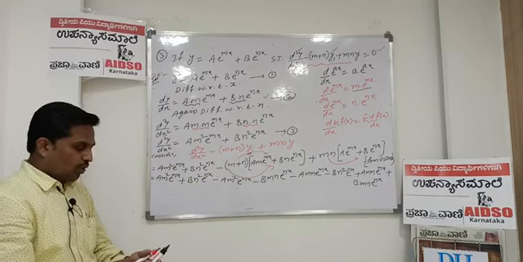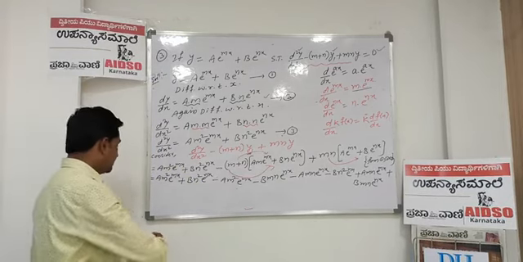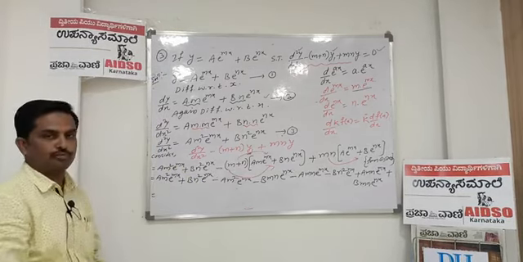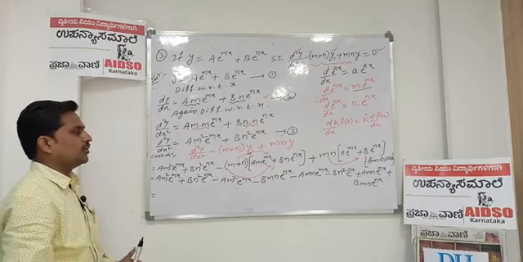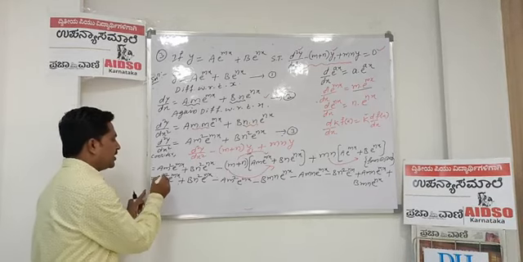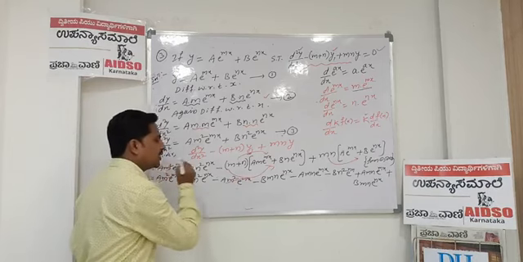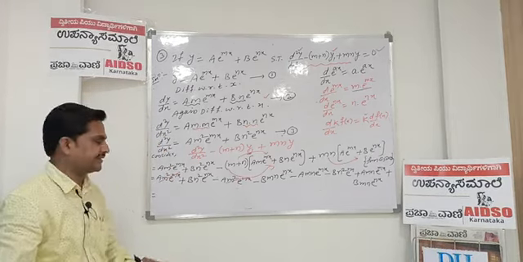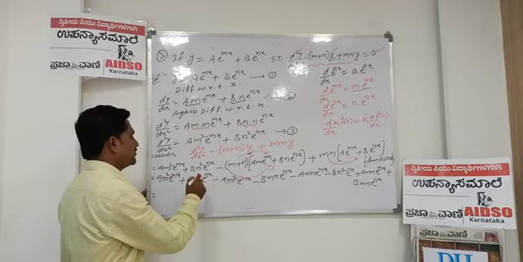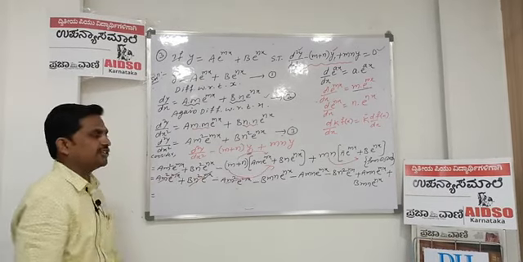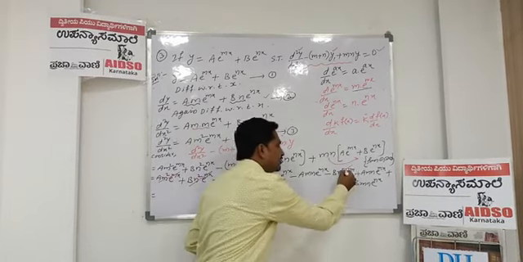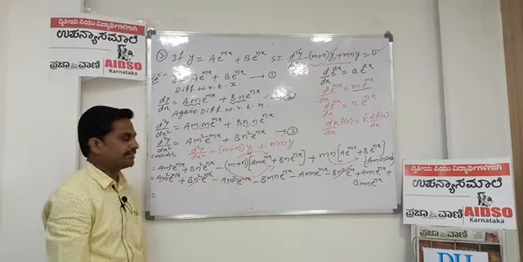So now go on checking what exactly the next part we can perform. Look at this, what we are getting: plus am square e raised to mx minus am square e raised to mx get cancelled. Next, plus bn square e raised to nx minus bn square e raised to nx get cancelled.